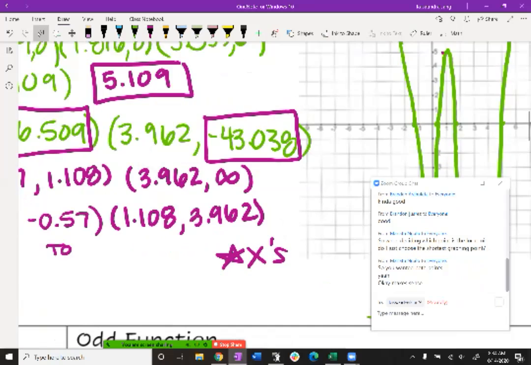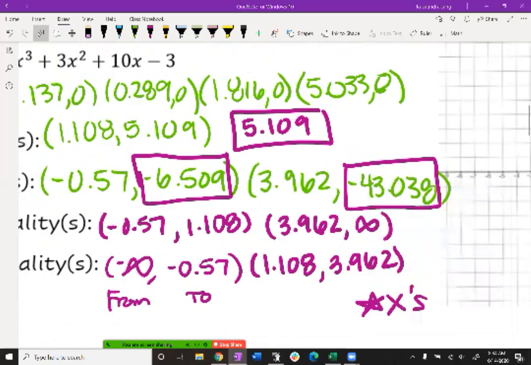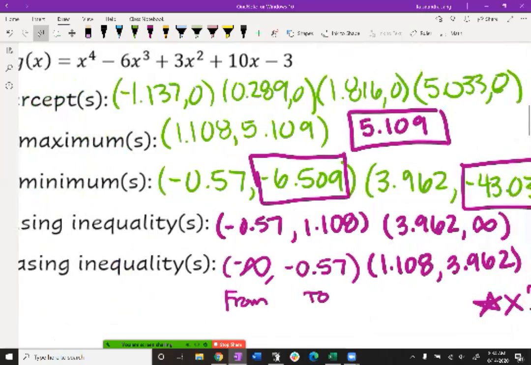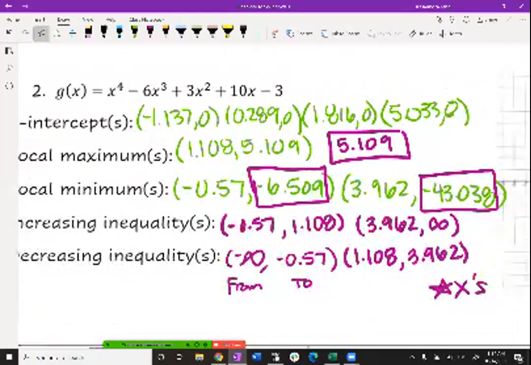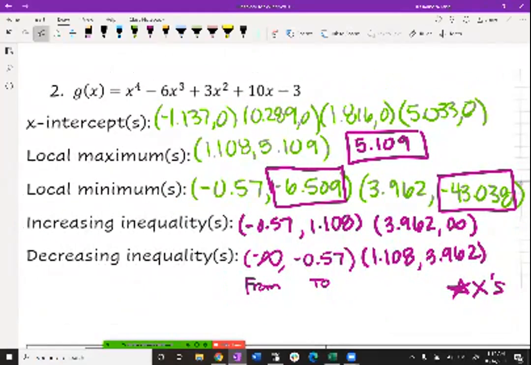And then just a reminder, when you do local minimums, I think that, not Desmos, I think the big ideas wants just the Y values of those minimums. I had to figure out my X and my Y so I could actually put the point on my graph. But once you type it in, they want you to just type in the Y values. Okay.